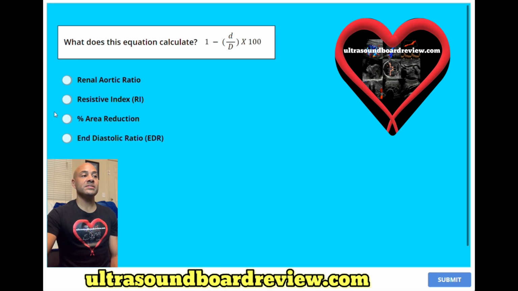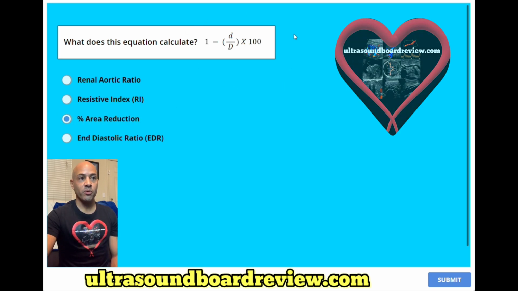The answer is C, percentage area reduction. So just memorize this equation for your boards.